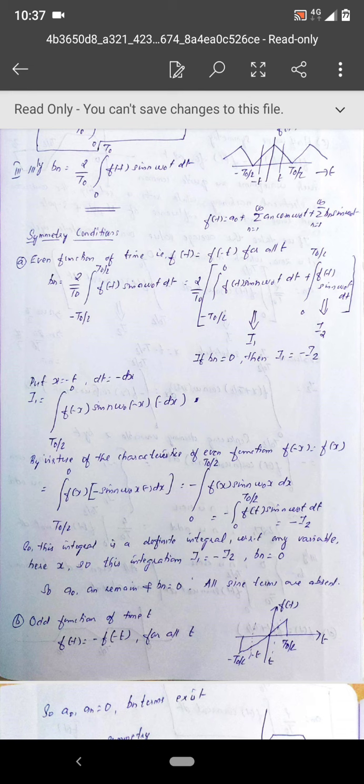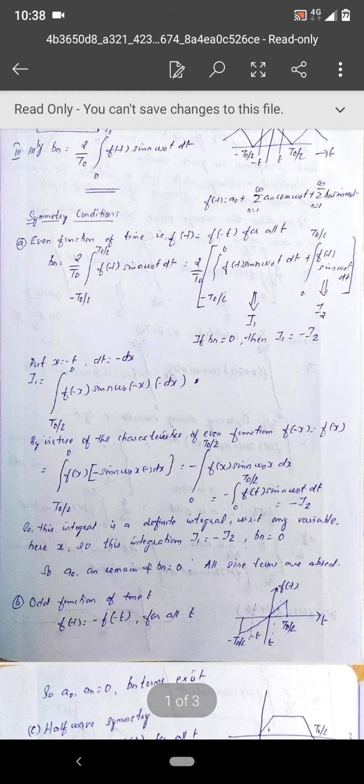If for some problems a naught and an are 0, you can easily solve the problem by simply finding bn, and need not spend time unnecessarily finding a naught and an, which are already 0.